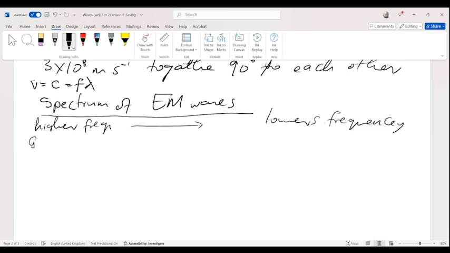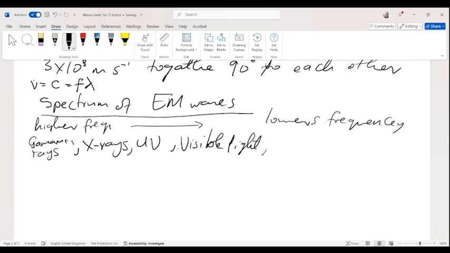So we have gamma rays, X-rays, UV rays, visible light, infrared, microwave, TV and radio waves.